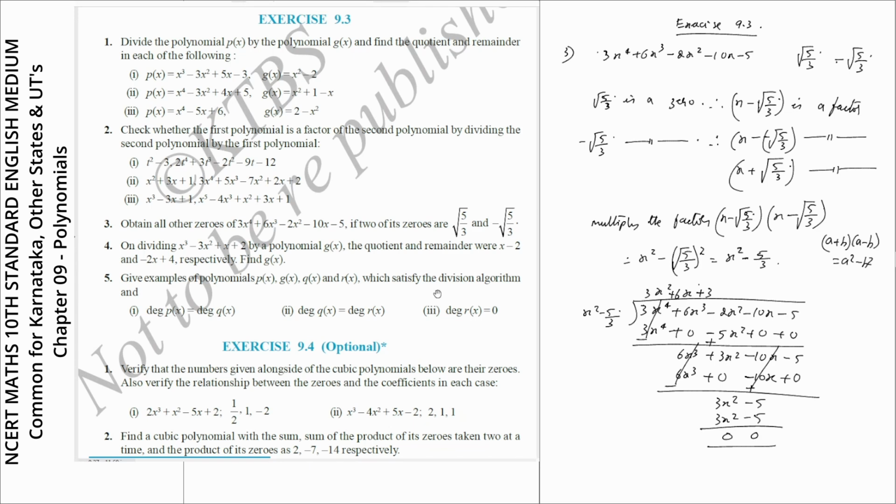That means 3x square plus 6x plus 3 is also a factor of the given polynomial. This is the quotient. So the quotient is also a factor of the given polynomial.